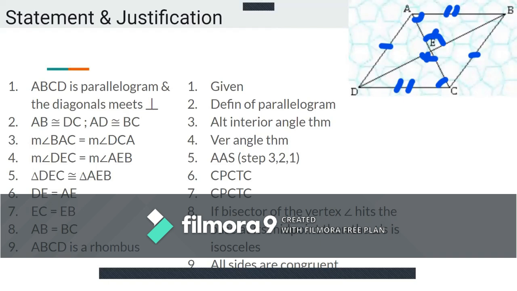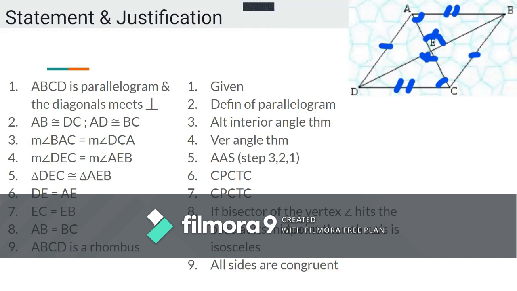And these two angles also have to be congruent because of the isosceles theorem. That makes perfect sense. So ABCD is a rhombus because all sides are congruent. Thus, that's the end of our theorem.